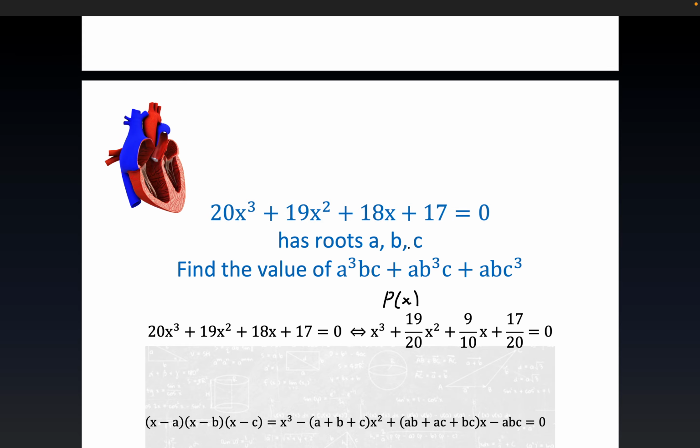Now notice how some nice things accumulate, like right in front of here, you have the negative sum of the roots, right? So we know that minus 19 over 20, by just comparing coefficients, basically, or equating coefficients, is equal to A plus B plus C, which is the sum of the roots.